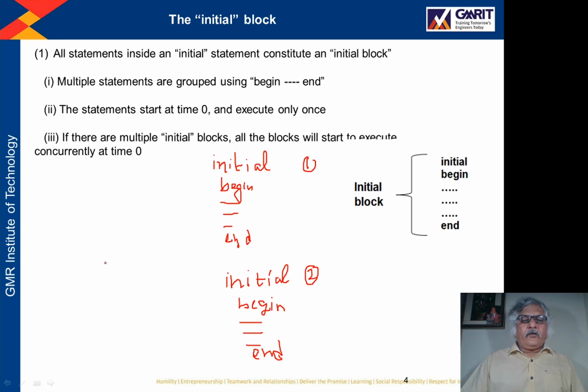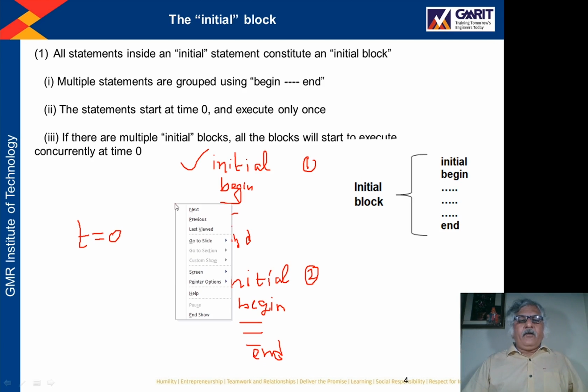At simulation time t equal to 0, both initial blocks will execute concurrently, in parallel. If there are 10 initial blocks, all 10 will execute concurrently at t equal to 0.